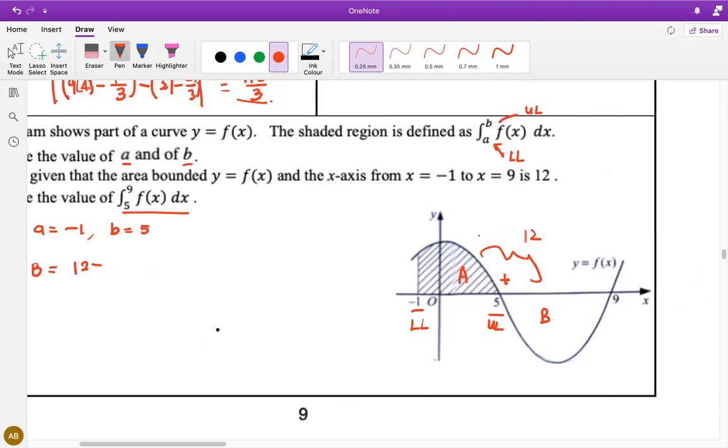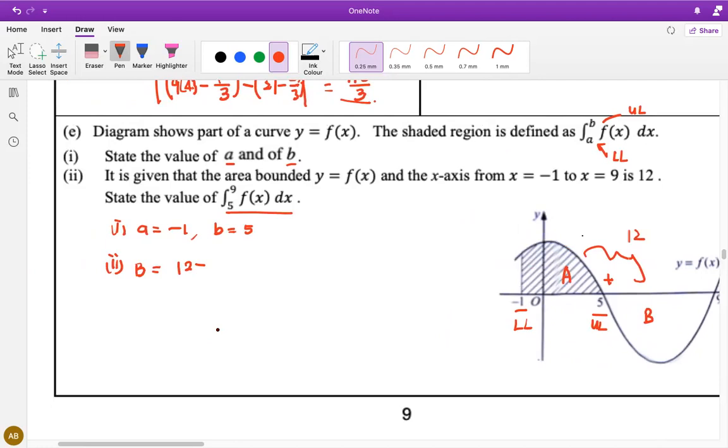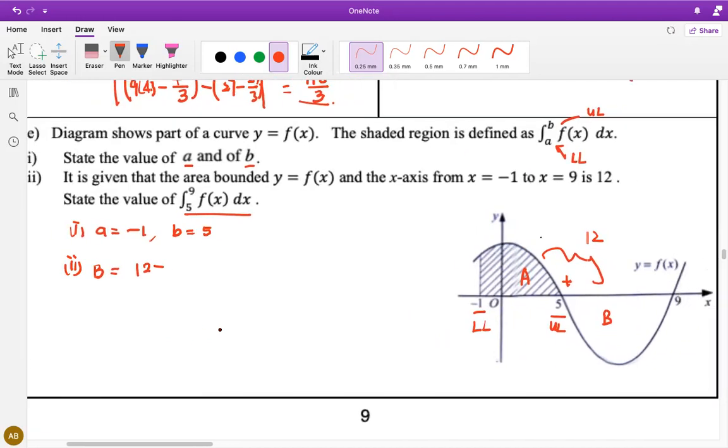I think the question is not complete, right? Is that the value, 9 to 5? Okay, the question didn't give you the value of this one. So maybe we just write that the shaded region is defined as, here is 5.